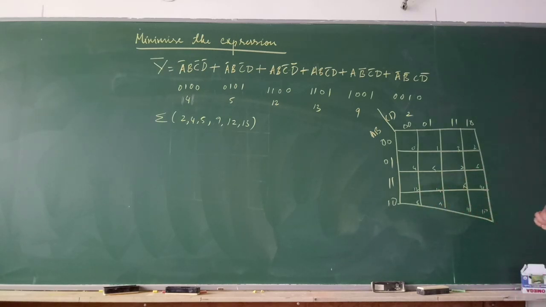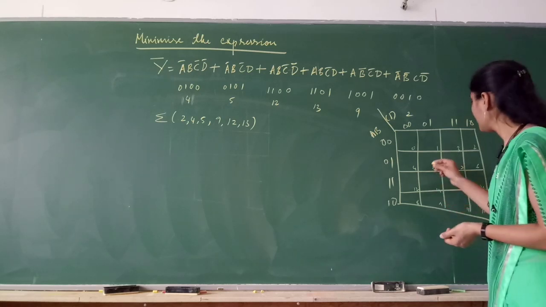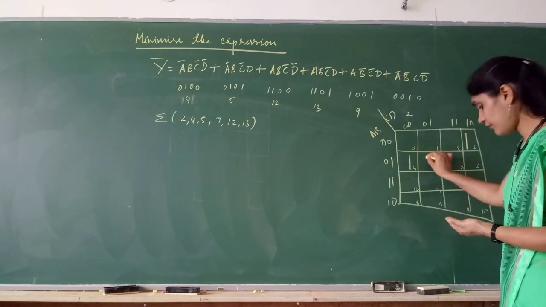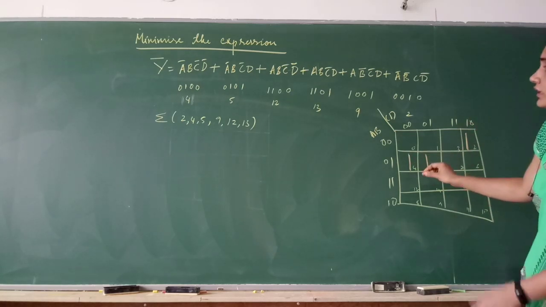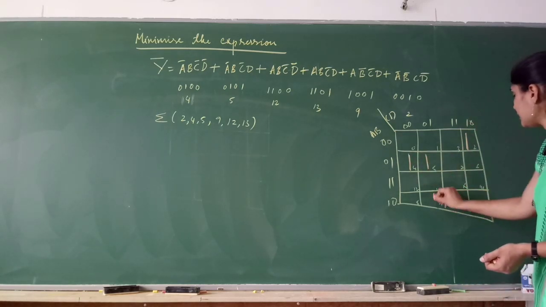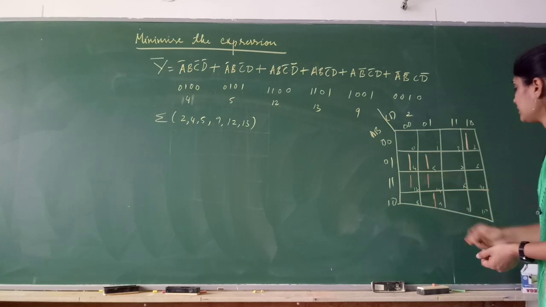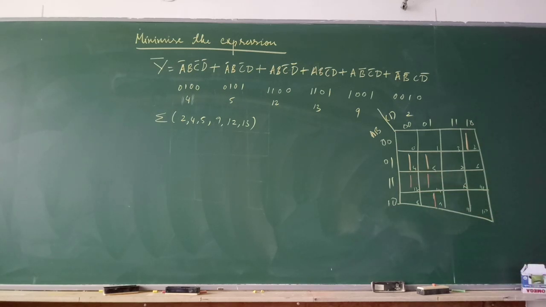So what are the min terms? 2, 4, 5, 9, 12, 13. Tell me, how do we group it?